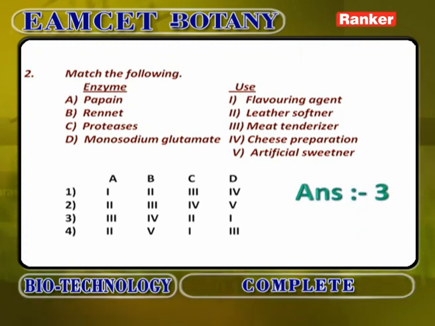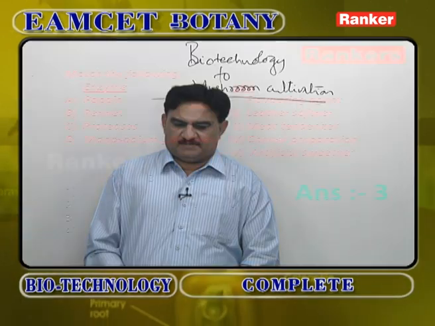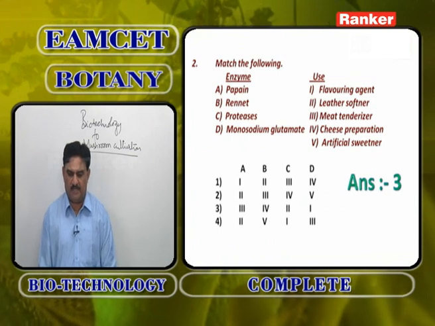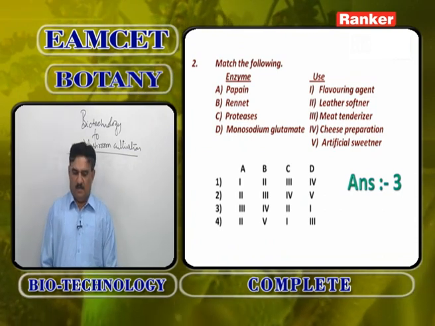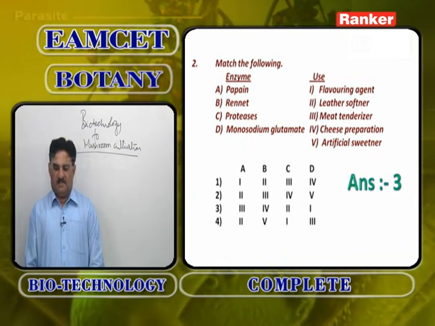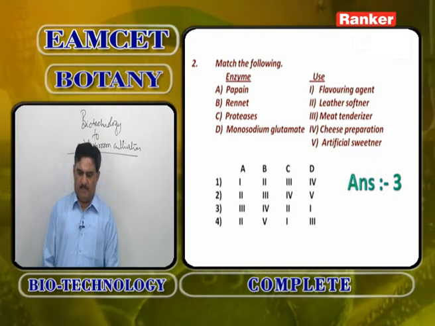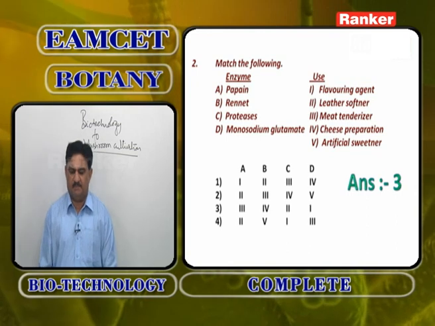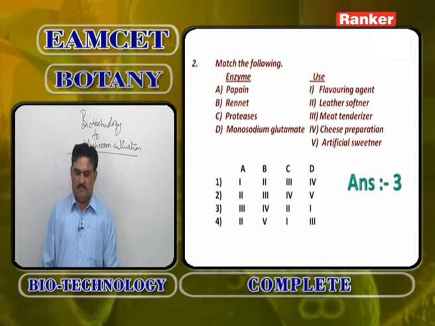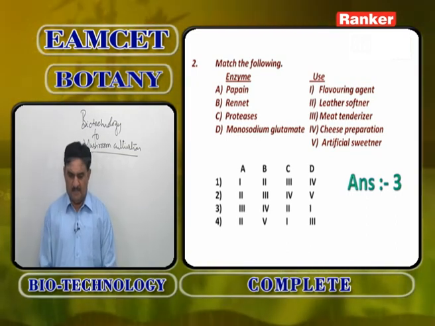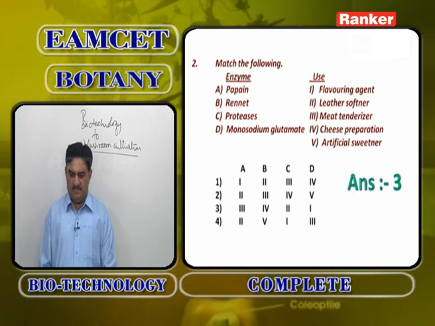This is a matching tabular form. Match the following enzyme and use: papain, rennet, proteases, monosodium glutamate; flavoring agent, leather softener, meat tenderizer, cheese preparation and artificial sweetener. A3, papain, it is meat tenderizer. Papain is widely used in meat tenderizing. Rennet is used in making cheese.